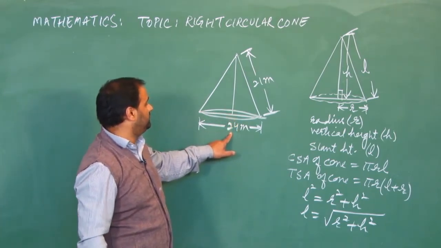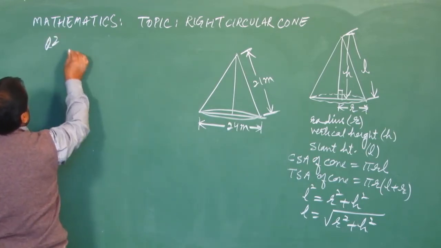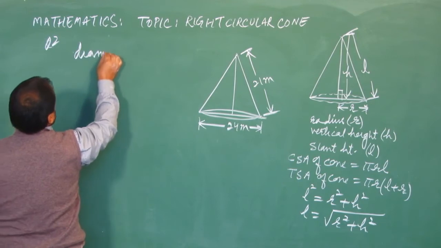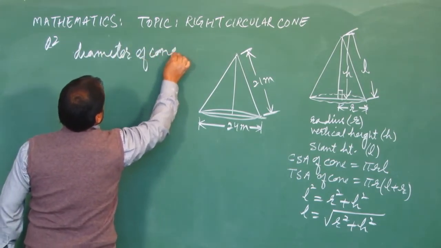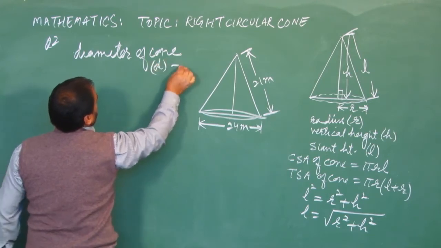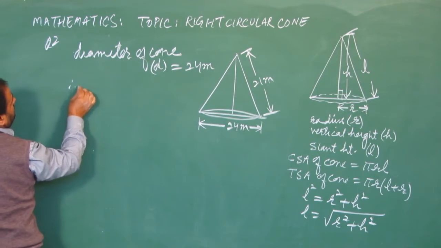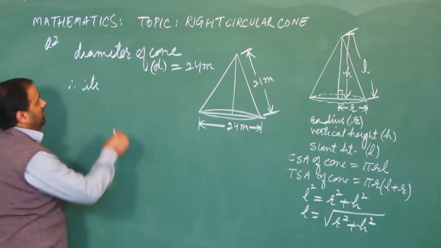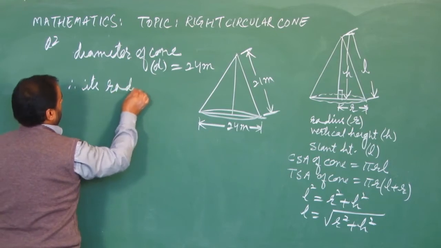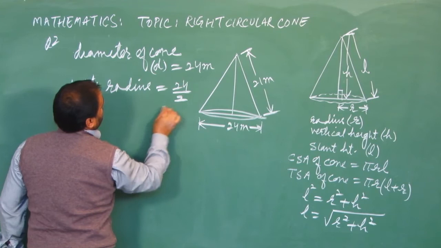The diameter of the cone is 24 meters. Therefore, its radius will be half of its diameter. That's 12 meters.